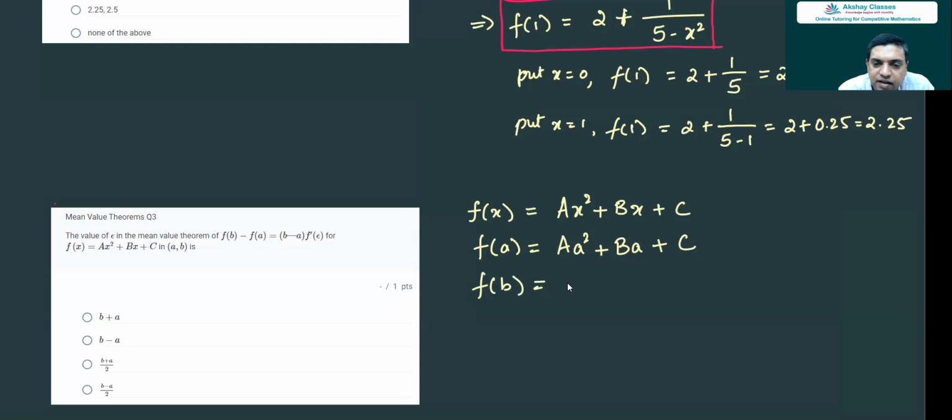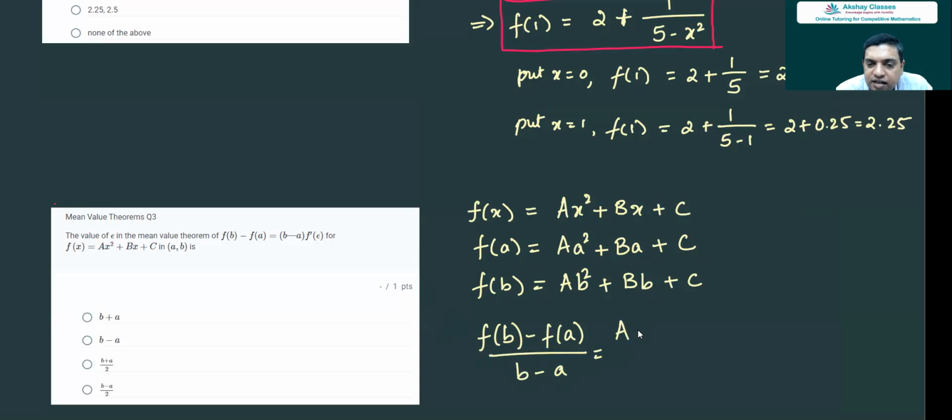F of b is capital A b square plus capital B small b plus c. Now what is f of b minus f of a by b minus a?